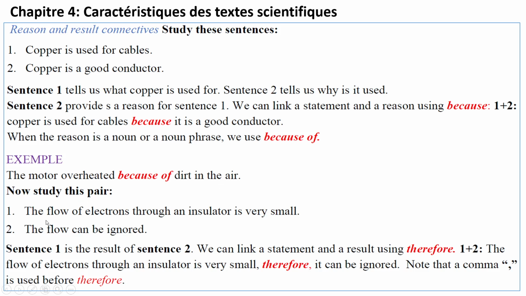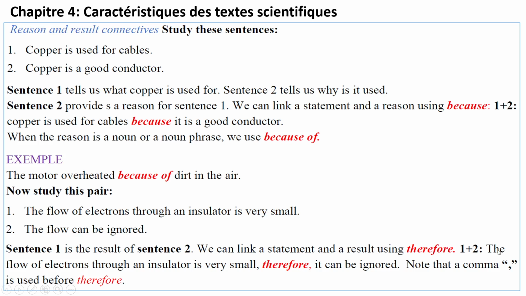Now study this pair. The flow of electrons through an insulator is very small. The flow can be ignored. The flow and the flow. So we replace one of these with the word therefore.